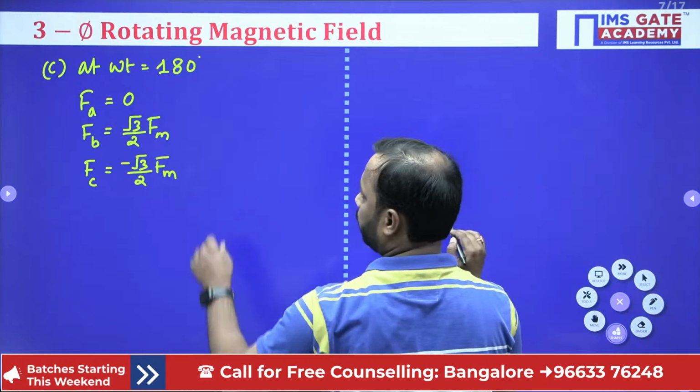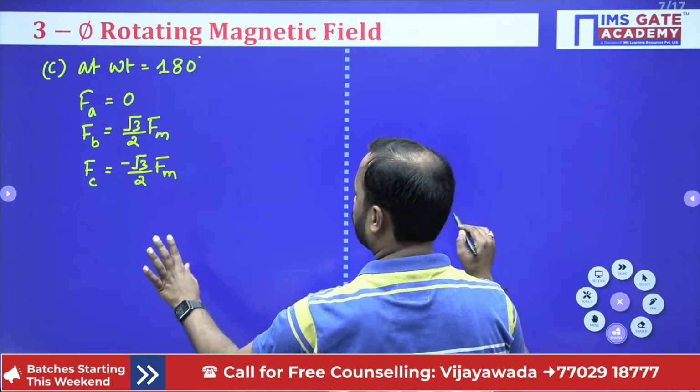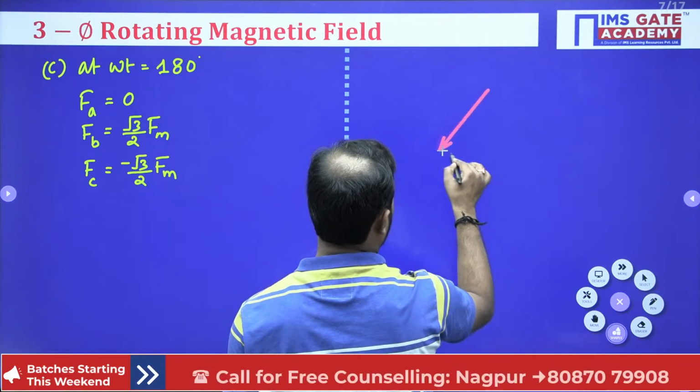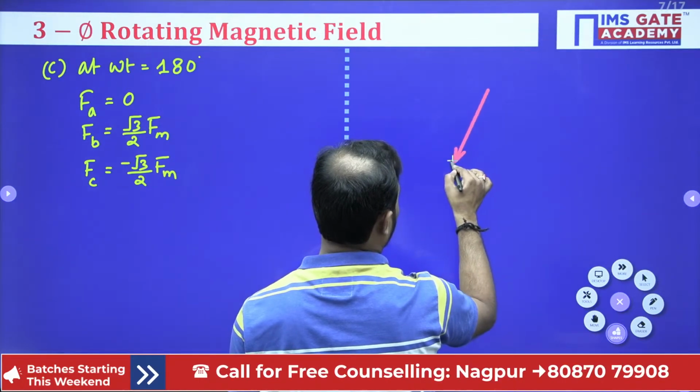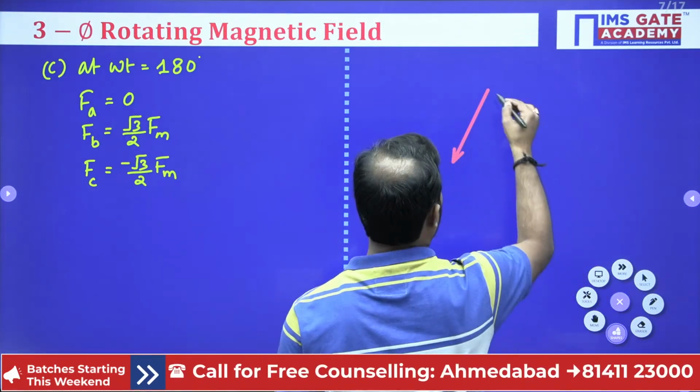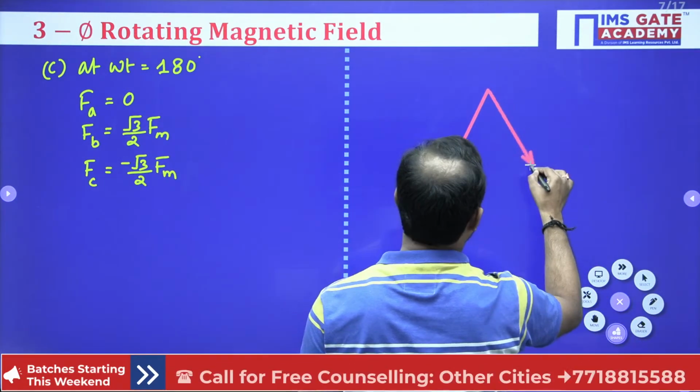So your Fa is 0, Fb is positive. So your Fb will be here in the same direction. And what about Fc? Fc is negative. So it will be in this direction.